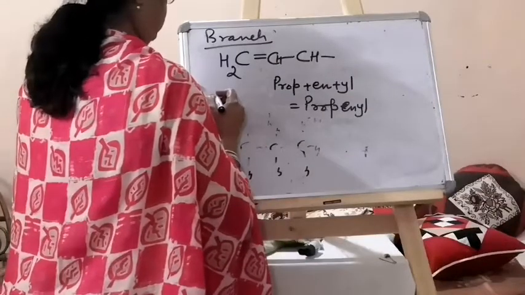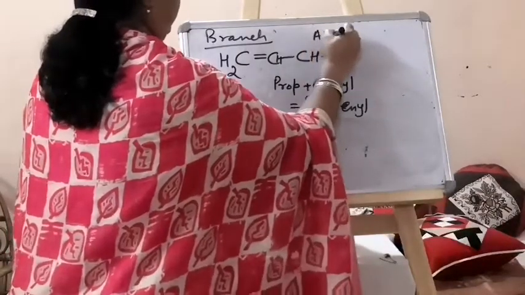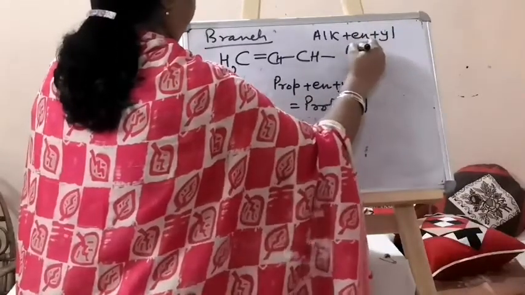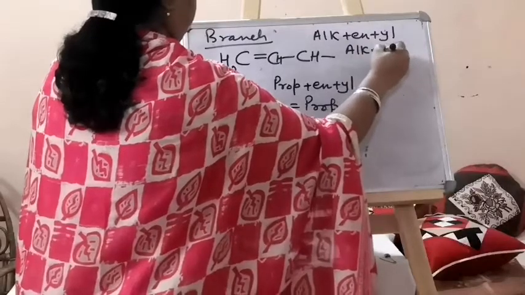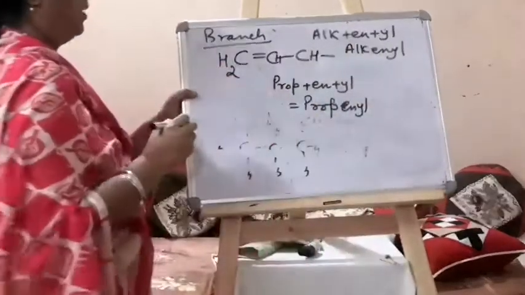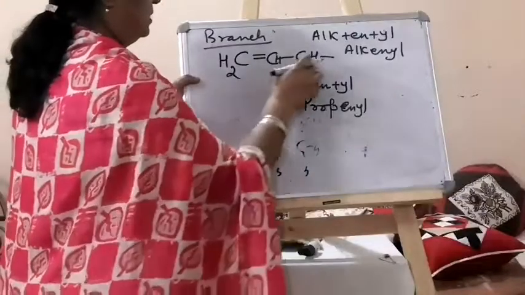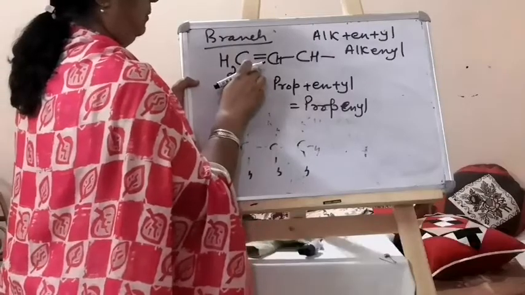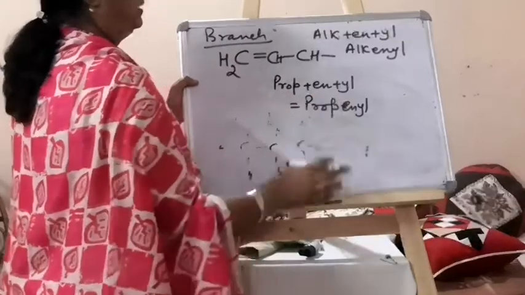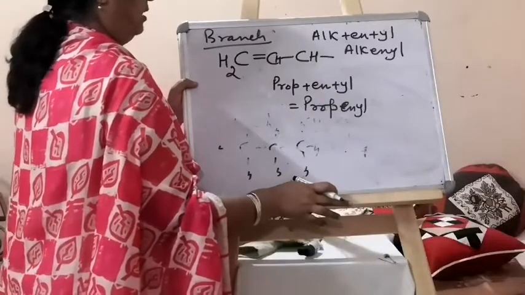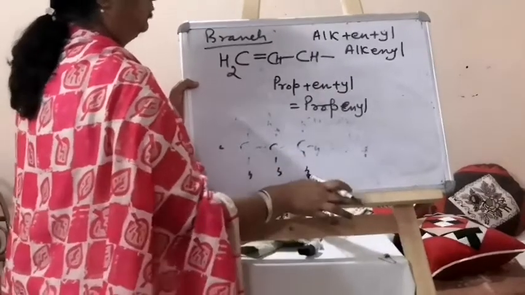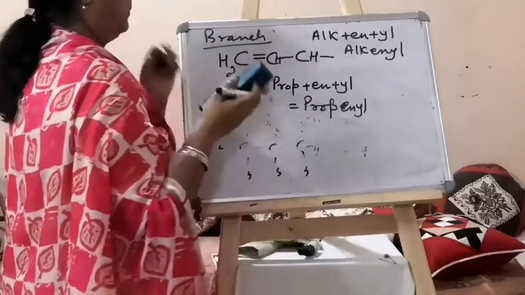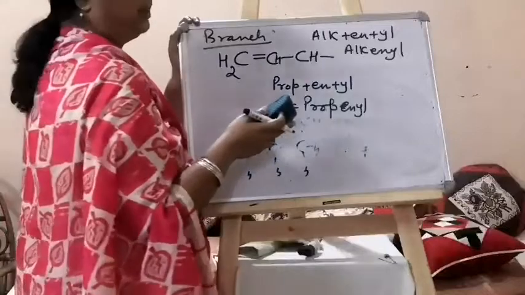Then if you talk about in general, then root word alk, double bond en, and yl. So it will be alk. This is about when this is present as a branch. When a branch is having a double bond and is not included in the main chain to consider the root word, then it is called a branch and is represented as a prefix.